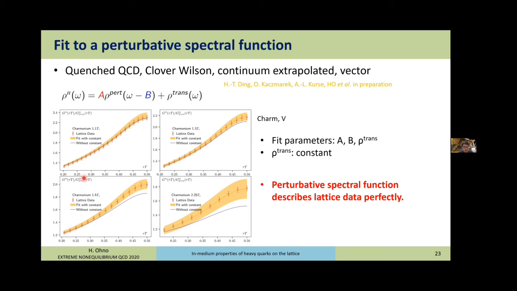Then these are our fitting results. These circle symbols correspond to our lattice data, and these bands correspond to the fit result with a constant, and this black curve corresponds to the fit result without this constant. And as you can see, this constant is quite sufficient to describe our lattice data.